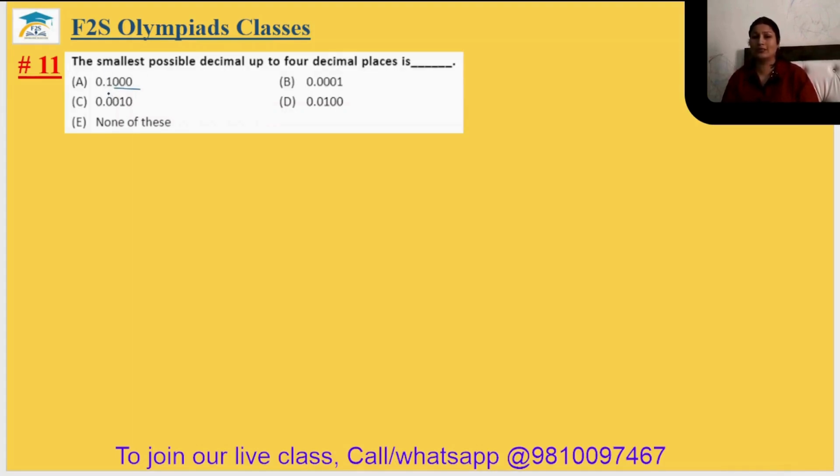Here it is only 1 decimal place, that is 0.1. But here the zeros written before the non-zero number on the right side of the decimal point will be counted as decimal places. So option B has the 4 decimal places because zeros are written before the non-zero digit. So the answer will be option B.